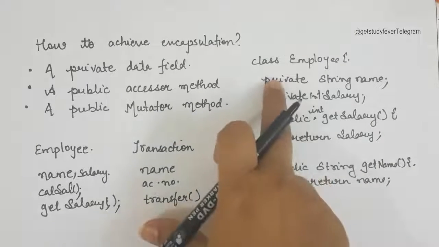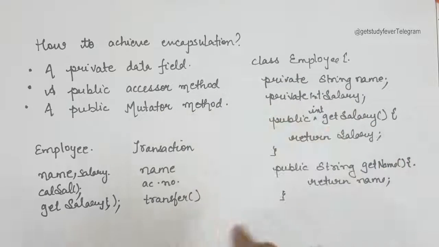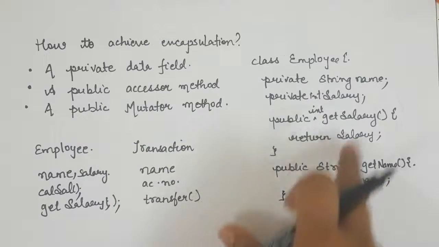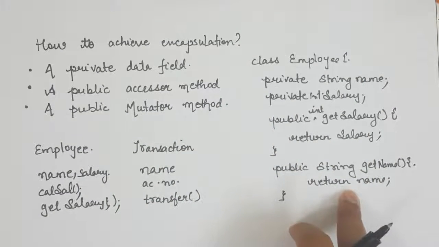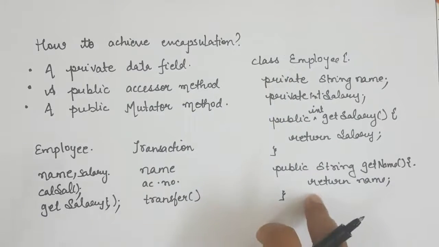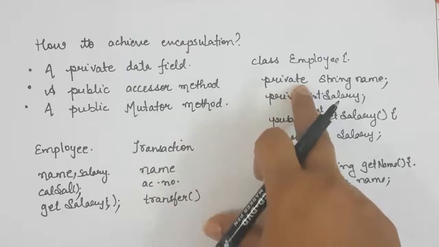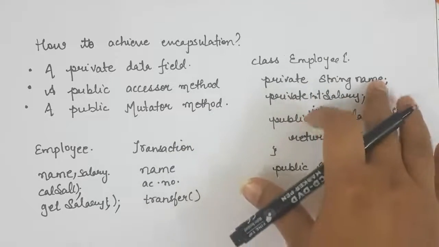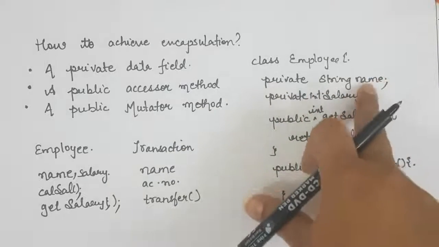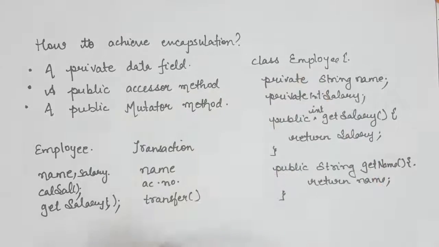So now I'll again repeat why we are doing this. I could have directly made this a public string name, and anyone who wants to get the name can get it. But here I have made it private and I have written a public method to get this name. Why have I done this? We have done this because we don't want anyone else to come and modify this name. If this is public, anyone can simply modify the name.